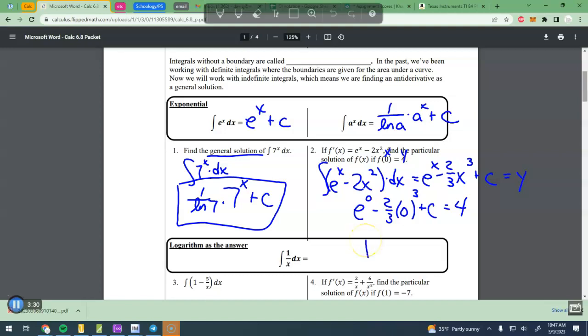Anything to the 0 power is 1. This stuff is all 0, so you just get 1 plus c equals 4, which means c equals 3. And I'm kind of out of room, but your answer is rewriting it, putting what c is now that you know it. So this would be plus 3 at the end. So it's a better version of what we had here, because we can actually find out what c is.